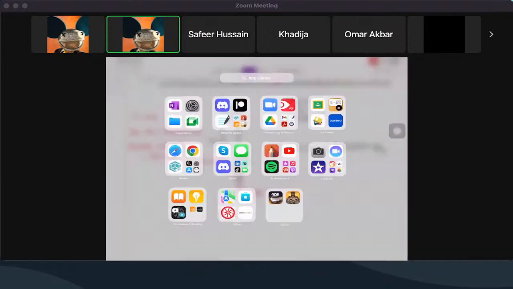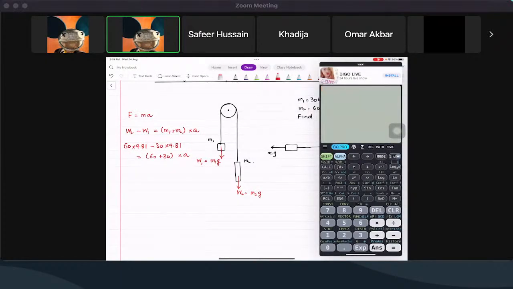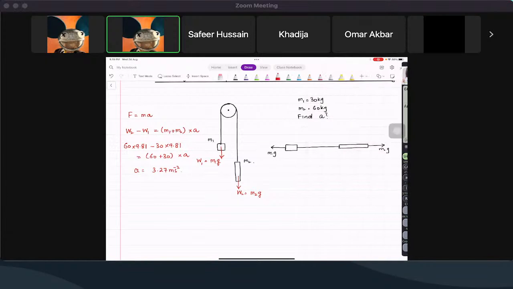Now simply use your calculator to find it out. So this is basically equivalent to 3.27 meters per second squared. And then they can say, okay, maybe tell us the length it moves in some time, whatever. So it's up to you what you want to do.